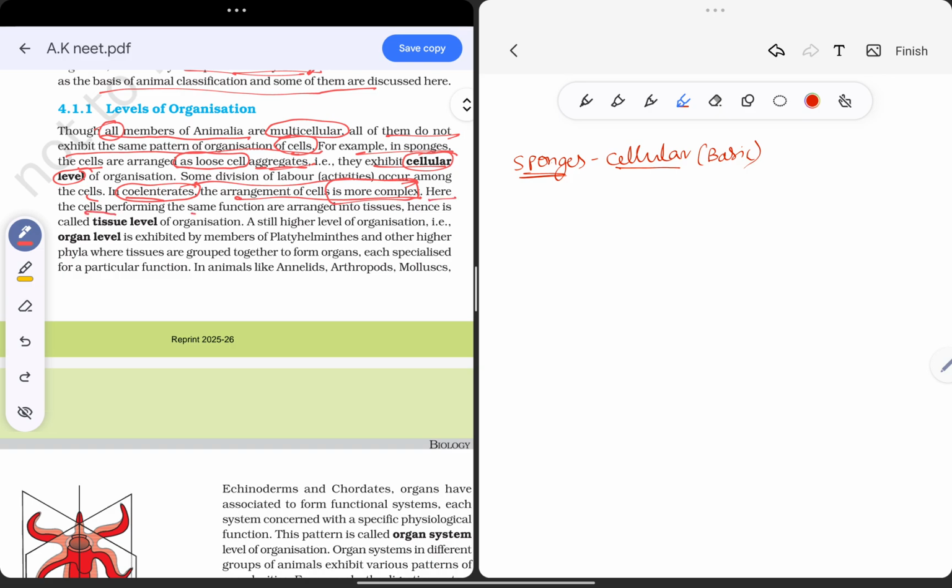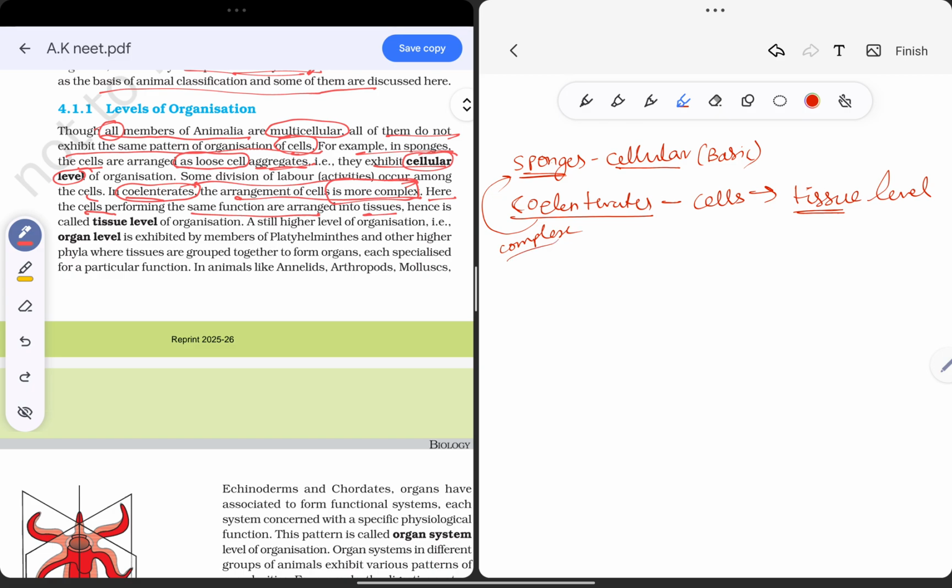The cells that perform the same function are arranged into tissues. So in the case of cnidarians, the cells collaborate and form together a tissue performing a specific function. That's why tissue level of organization is seen in cnidarians, and it's more complex than sponges.